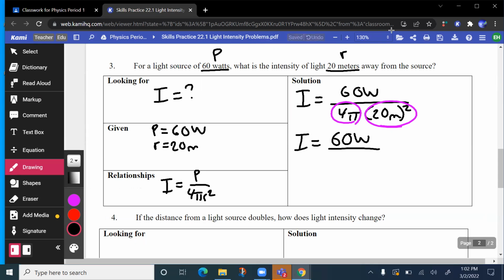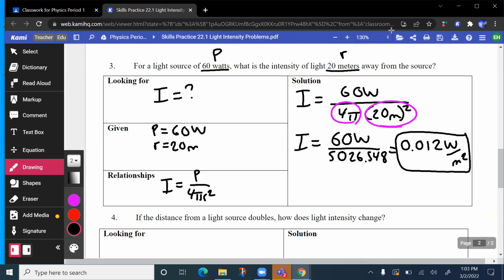And you'll get 60 watts divided by 5,026.548. Okay, divide those two, and we're getting a very small intensity, 0.012 watts per square meter. So our intensity has gone down, right? Even from the last example.